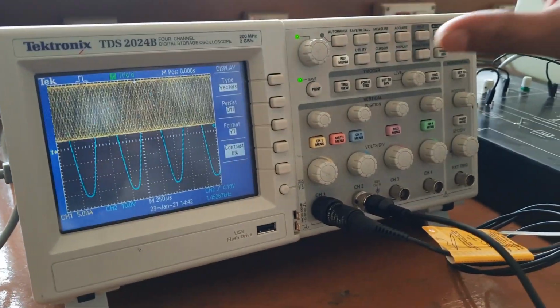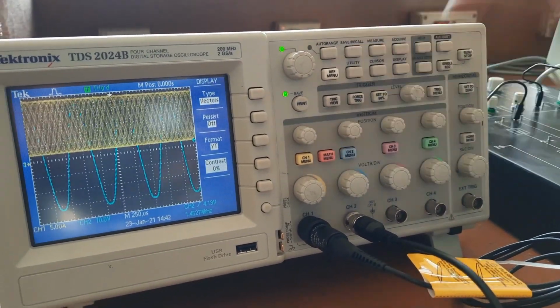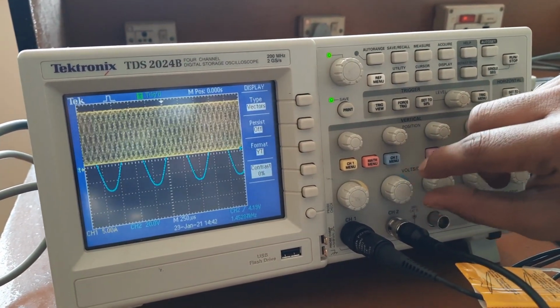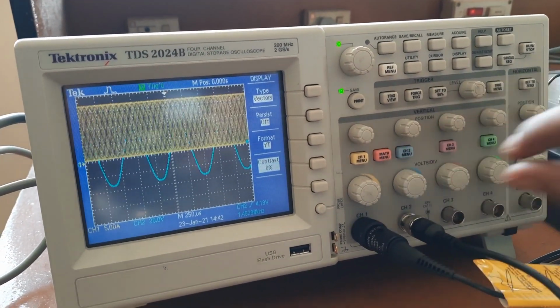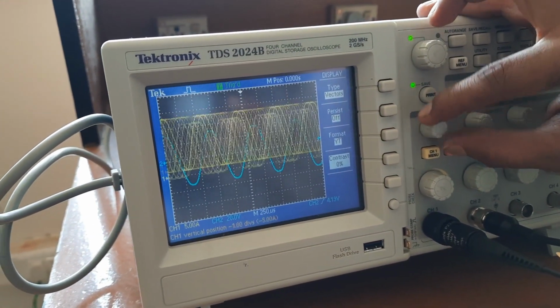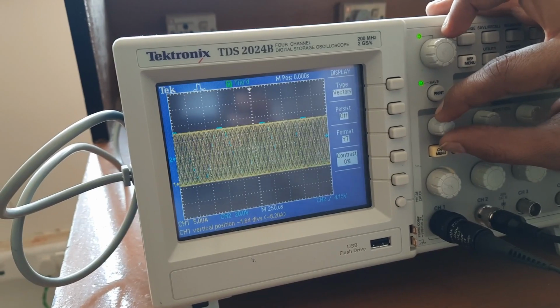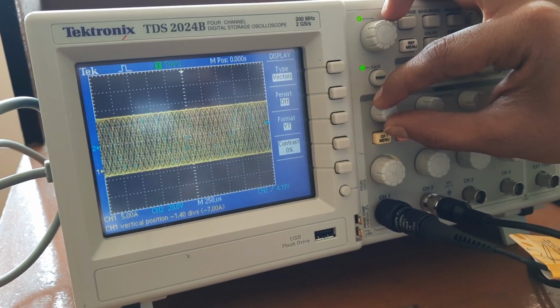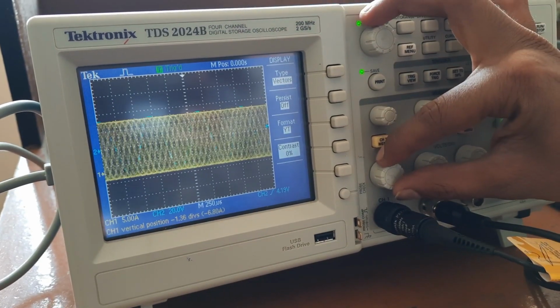Now we will reduce the amplitude of channel number 2 and set channel number 1 so that both the waveforms overlap each other.